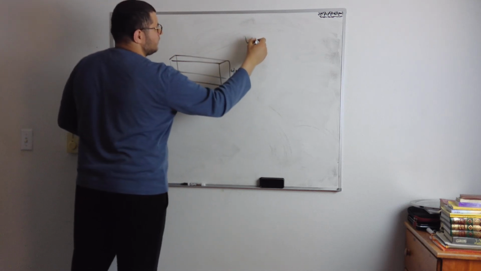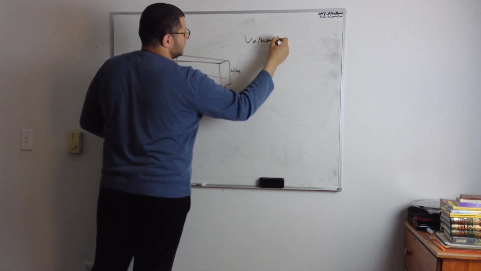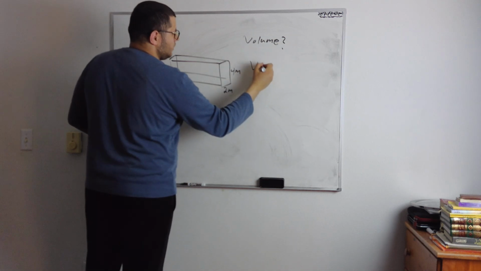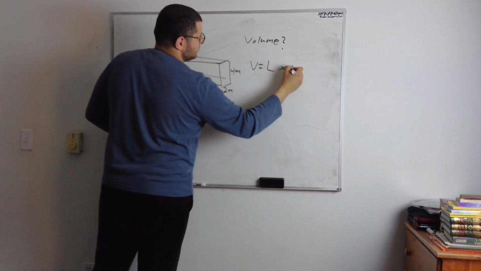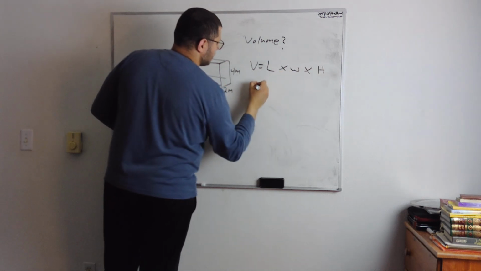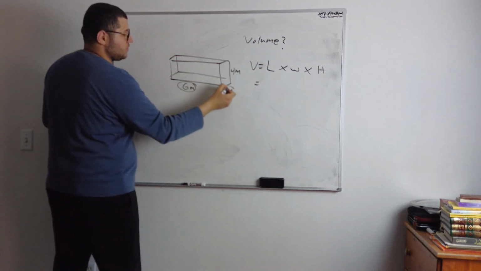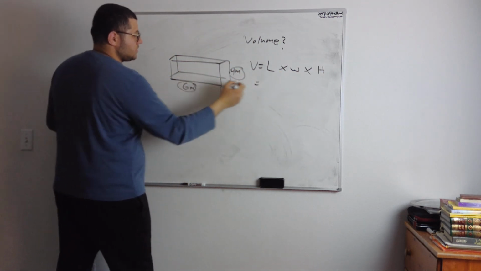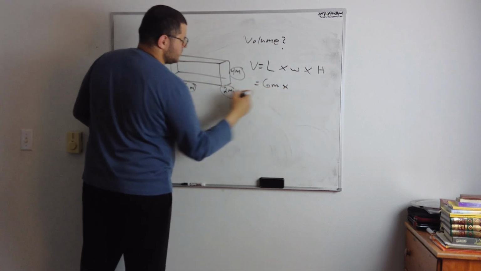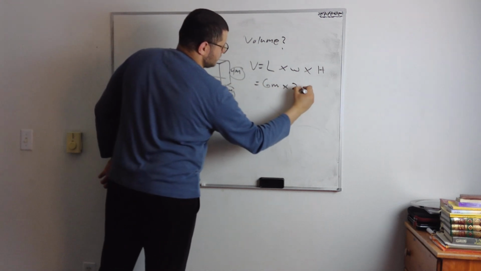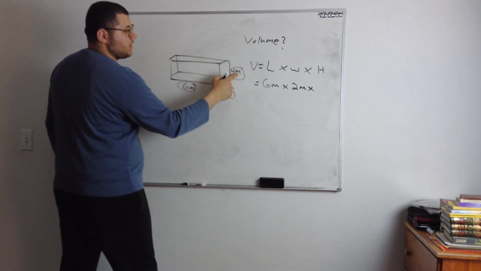How do we find the volume? We said the volume V equals length times width times height. So the length 6 meters times the width 2 meters times the height 4 meters.